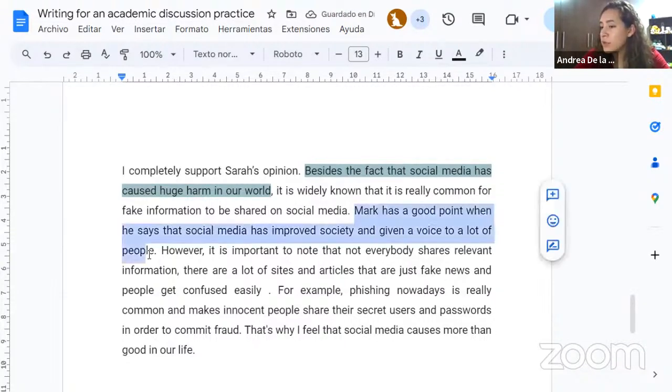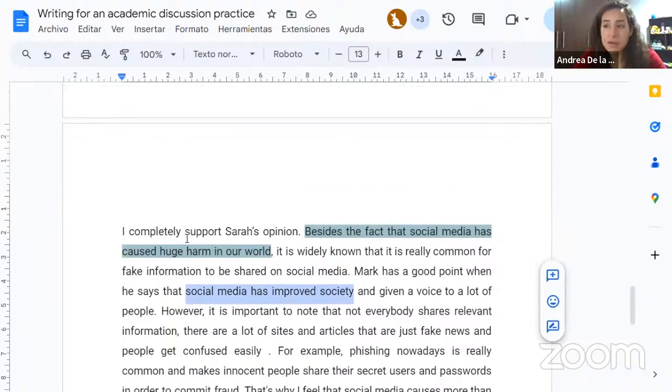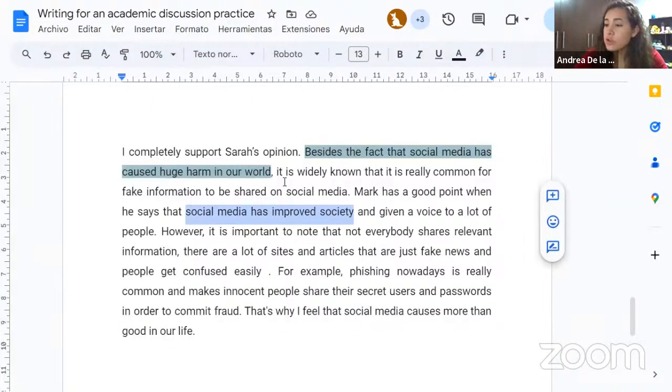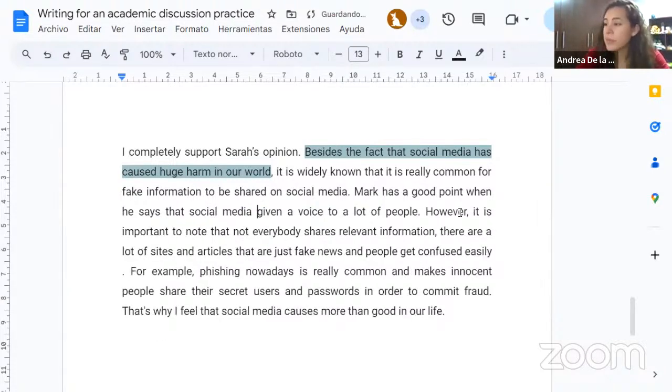One thing that I could tell you is don't include this part, because "social media has improved society," again, is Mark's opinion, not Mark's reason. So don't talk about his opinion here, only talk about his reason. So I would say Mark has a good point when he says that social media has given a voice to a lot of people, only that.